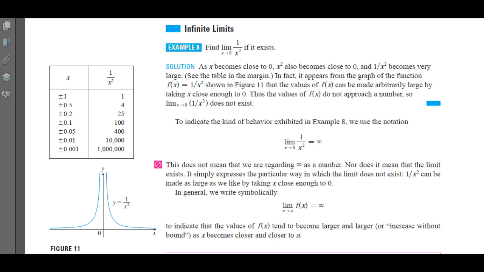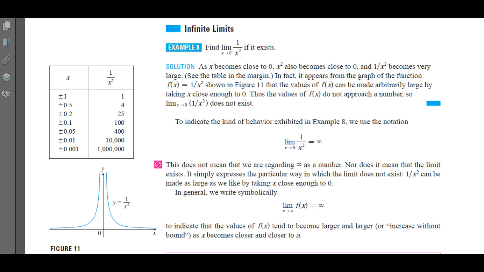So for the limit to exist, you have to approach a number. To indicate the kind of behavior exhibited in example 8, we use this notation: the limit as x approaches 0 of 1 over x squared equals infinity. This does not mean we are regarding infinity as a number, nor does it mean that the limit exists. So two things: the limit does not exist. The answers in your book for this section, when you get that type of situation, will say does not exist.